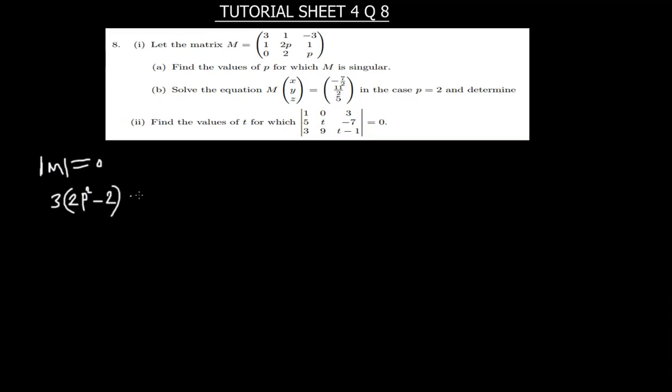Then close brackets, you put your negative 1 there, and then you open brackets. You find the minor for that negative 1 to be 1 times P, you get your P, and then minus 0 times 1, you get your 0 like that. This 0 times 1, you get a 0. 1 times P is P.